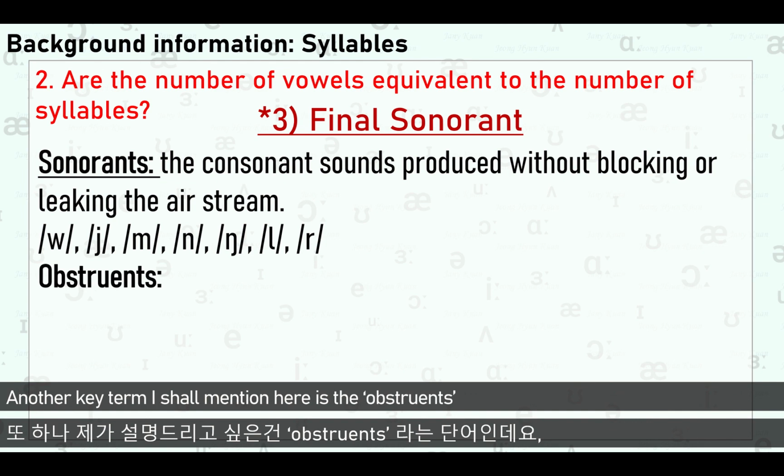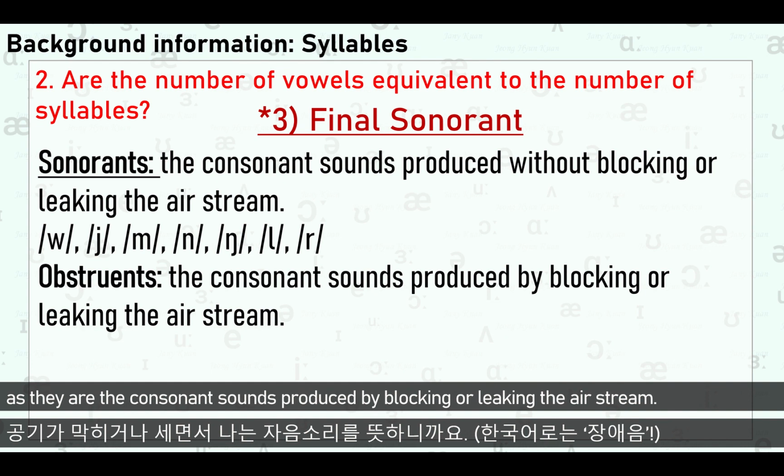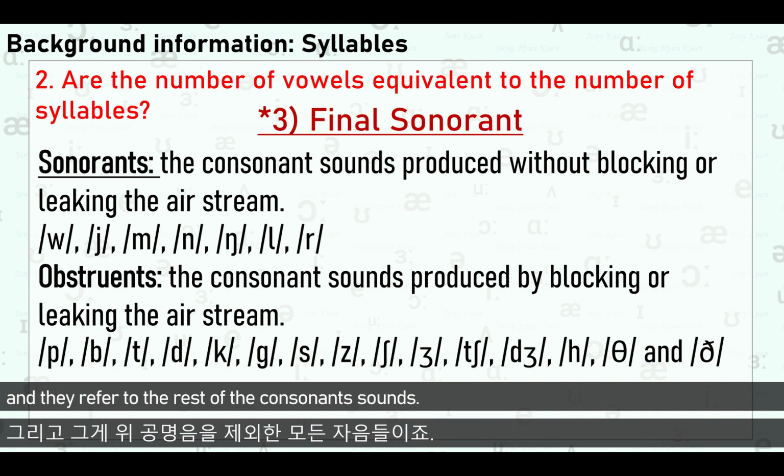Another key term I shall mention here is the obstruents, which have the opposite meaning to the sonorants, as they are the consonant sounds produced by blocking or leaking the airstream. And they refer to the rest of the consonant sounds.